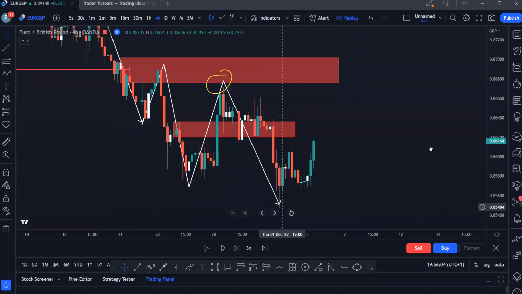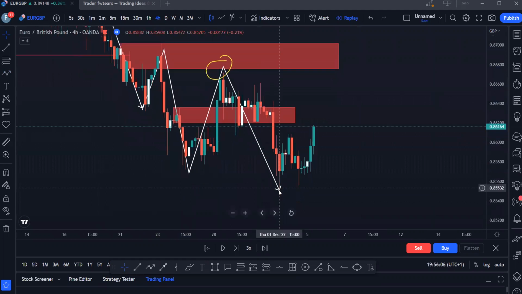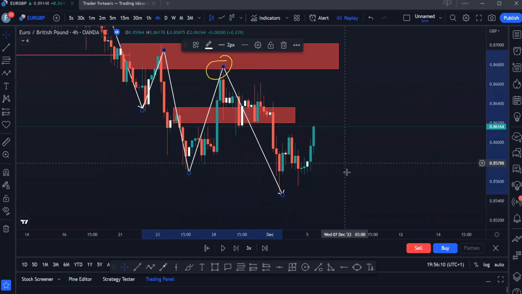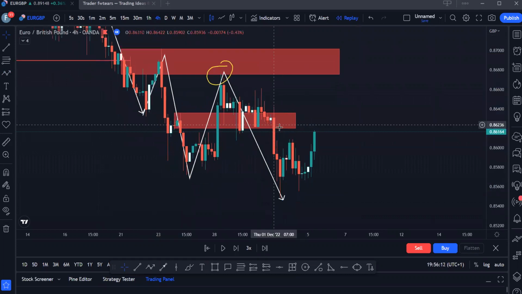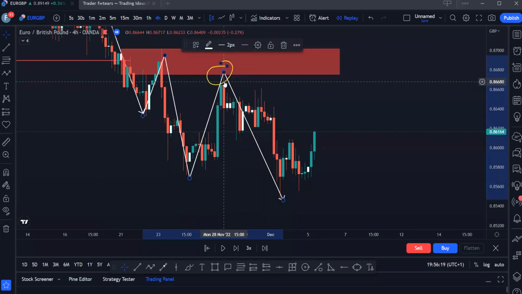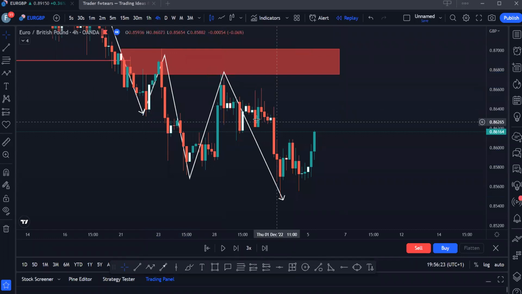So when price gives you a lower low, that is a signal that the downtrend wants to continue, right? So you know that you want to be looking for sales in a downtrend. So what do you do? You look for a resistance zone to sell from. So you're looking for resistance. All right.